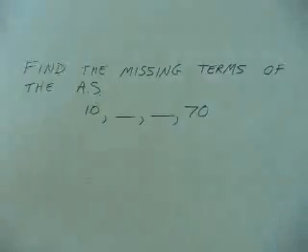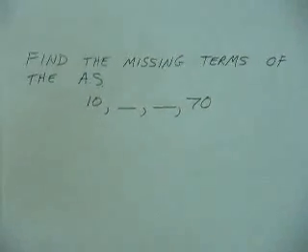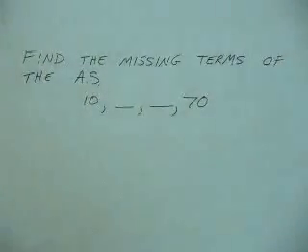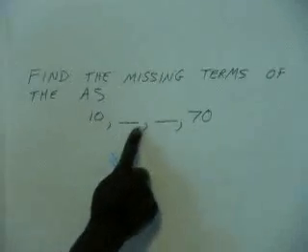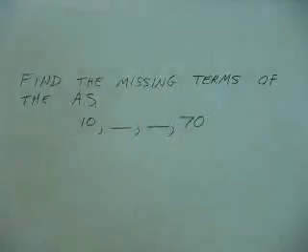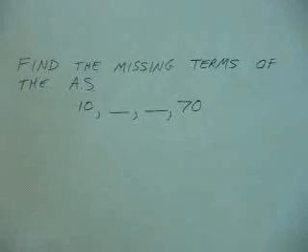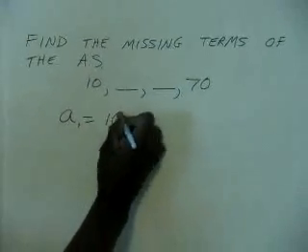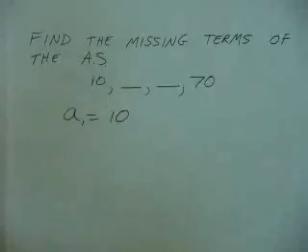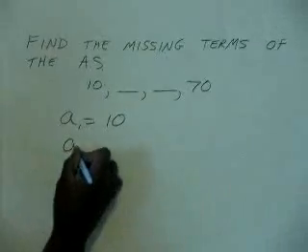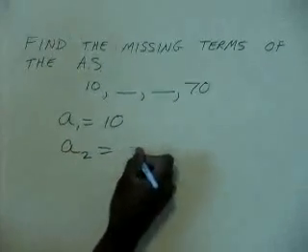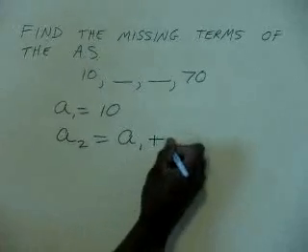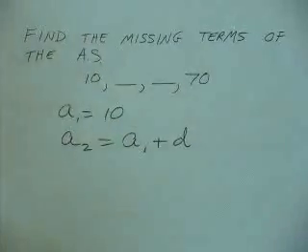Second problem here. Find the missing terms of the arithmetic sequence 10, blank, blank, 70. Well, this sequence has 4 terms. The first term is 10. The second term we don't know, but the second term should be the first term plus the common difference.